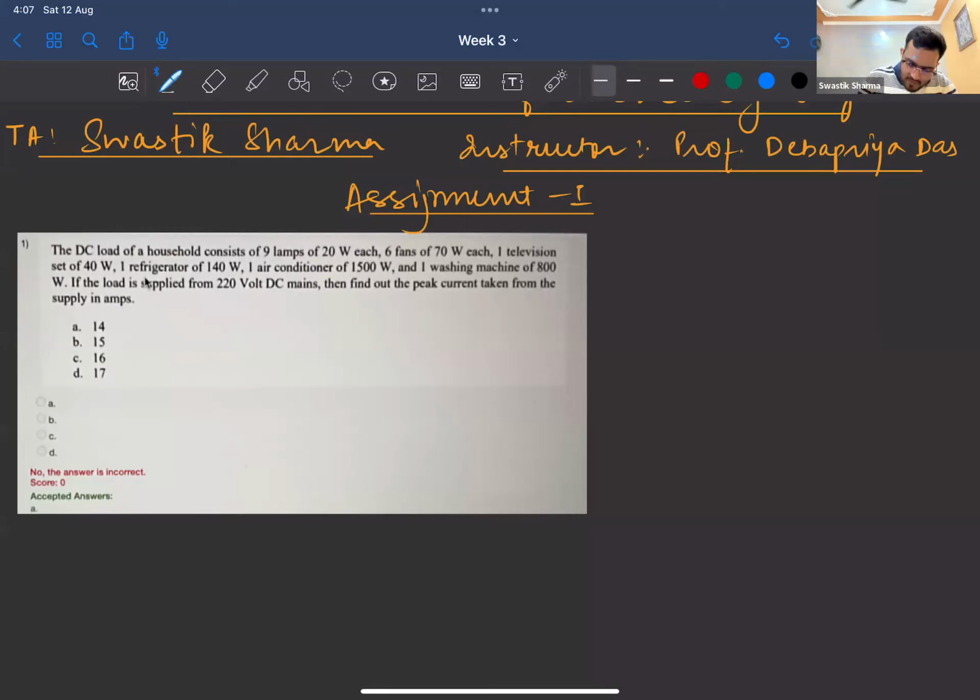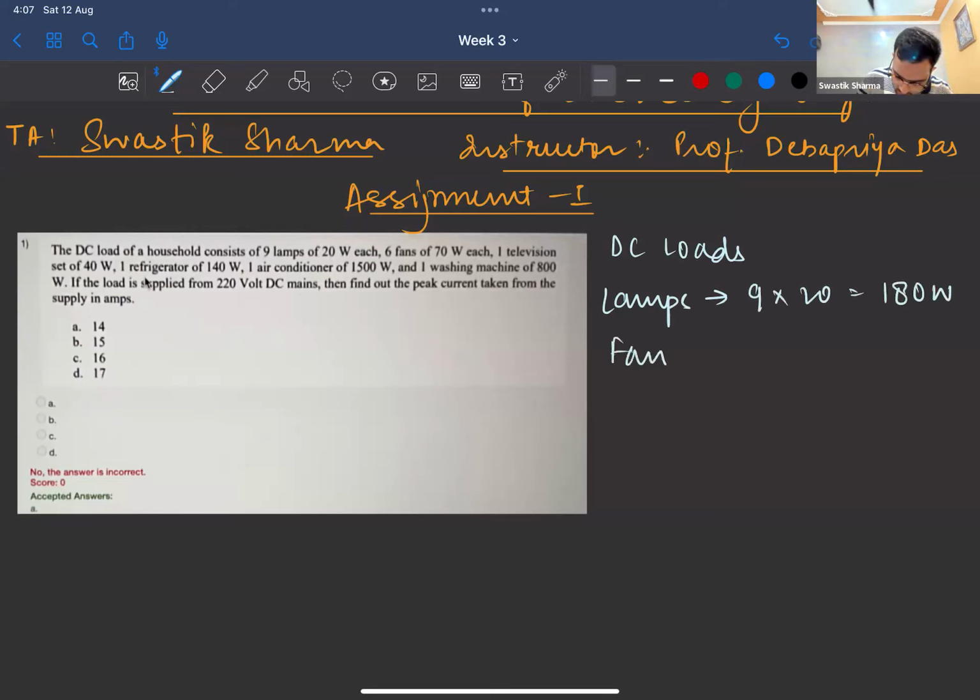First of all, what's given in this question is that we have DC loads. There are a total of 9 lamps of 20 watt each, so the total wattage of the lamps is 180 watts. There are 6 fans, so their wattage comes out to be 420 watts.